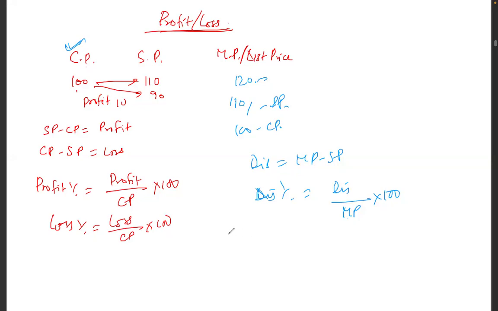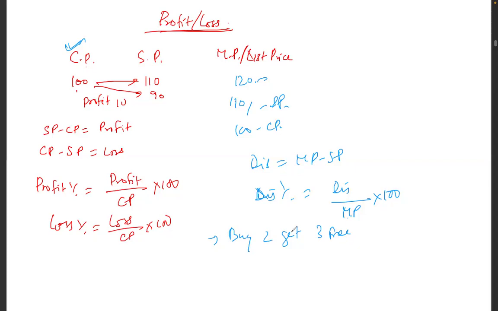Now, if there is a scheme going on, buy 2 get 3 free. This is the scheme. Then what is the discount percentage here? So just need to focus on things you are getting for free. Total number of things you are getting is 5.